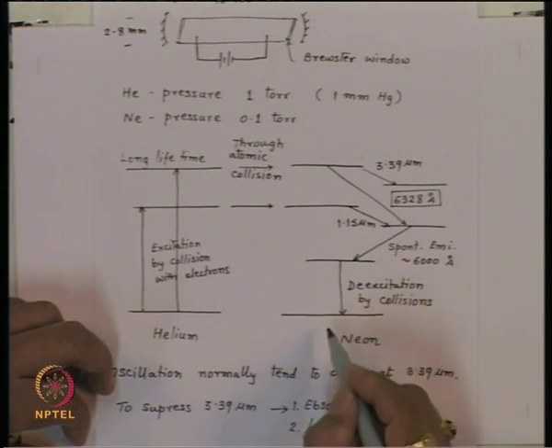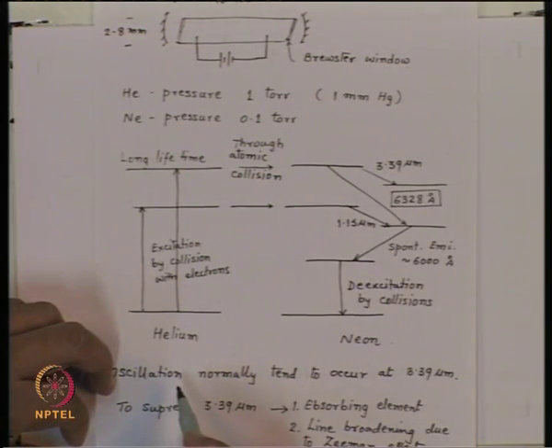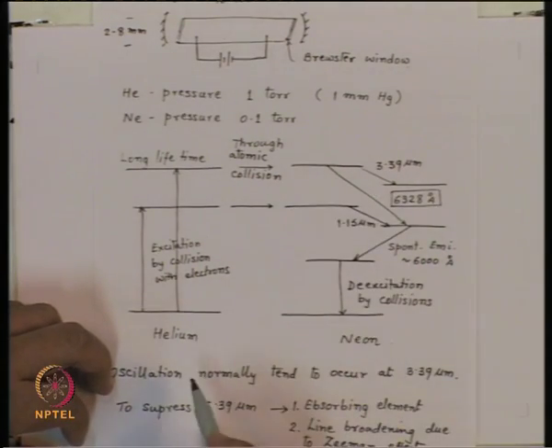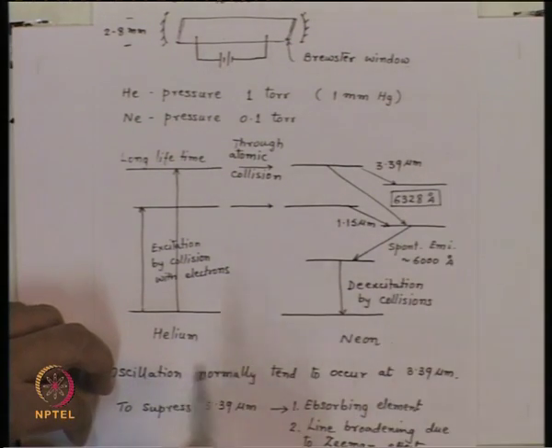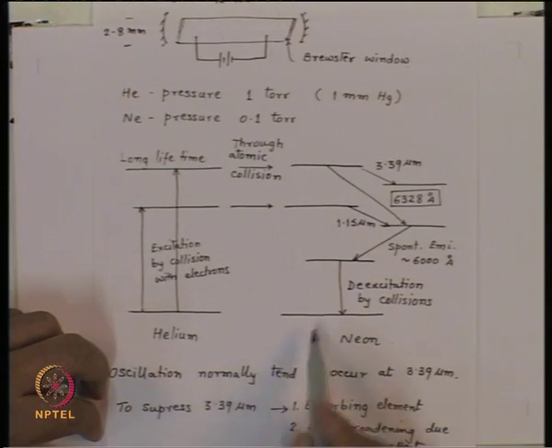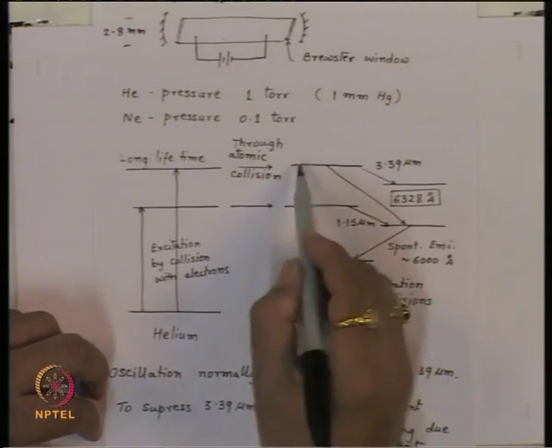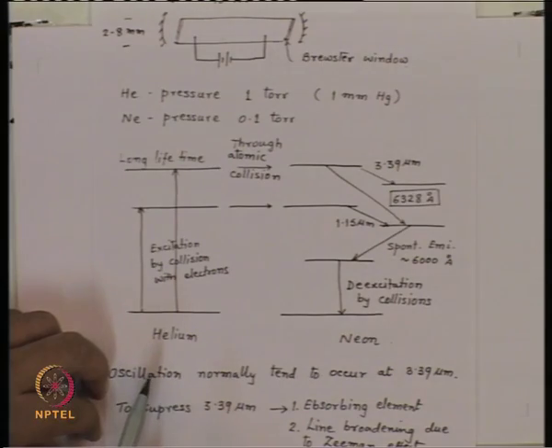So, now we have the neon atoms which are excited to the higher levels, and by using different transitions of the neon atom we can get the laser in an appropriate wavelength. If you look at the energy level spectrum of neon, it is fairly complex. You have many energy levels. You have a ground state, and then one state here, another here, and then another state here, and so on.